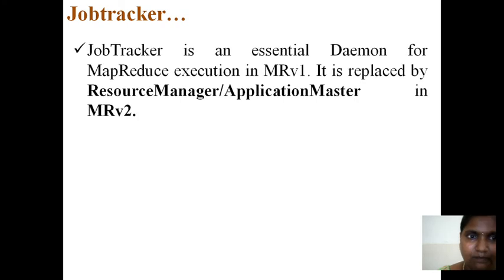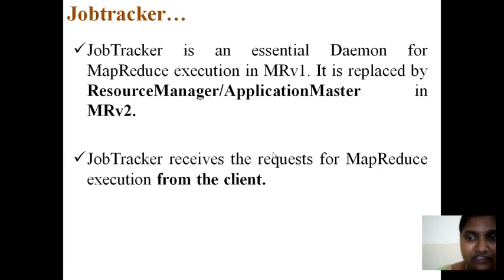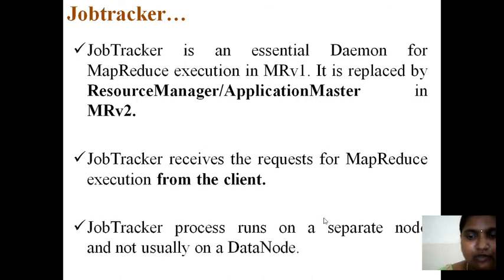Now, as I said previously, what is the work of the job tracker? I will conclude this in a very short manner. The job tracker is an essential daemon for MapReduce execution in MapReduce version 1. In version 2, it is replaced by the resource manager or application manager. The job tracker receives the request for MapReduce execution from the client. The job tracker process runs on a separate node, not usually on a data node.